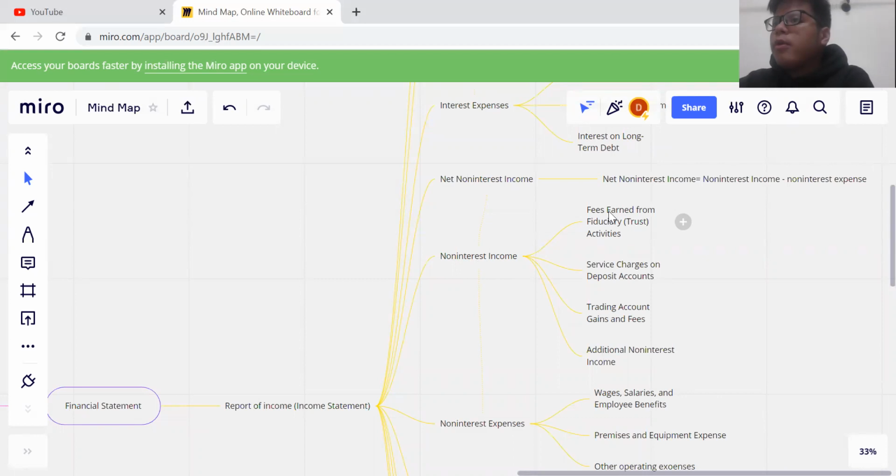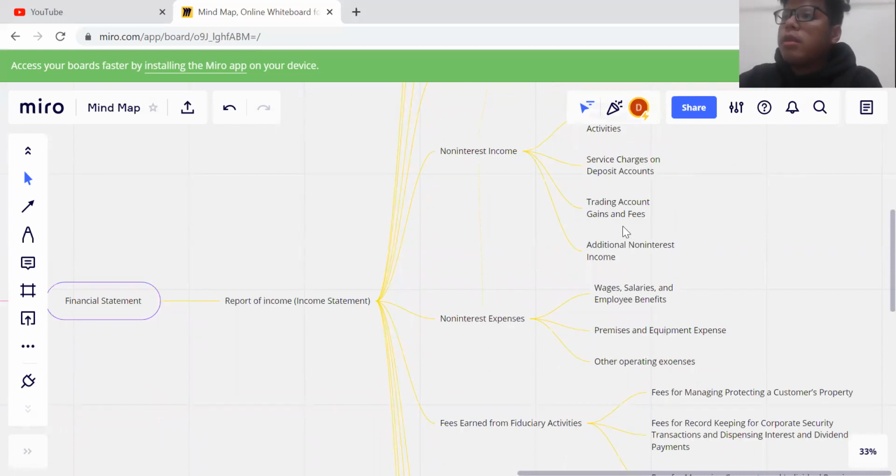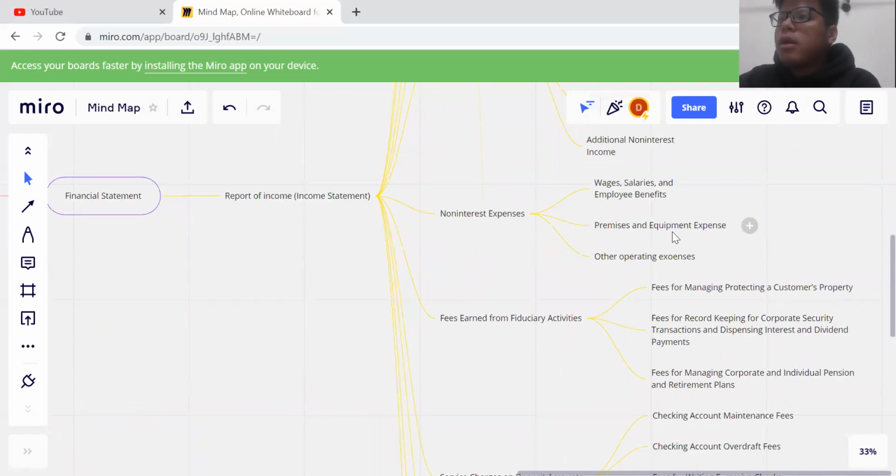In non-interest income, we have the fees earned from fiduciary trust activities, service charges on deposit accounts, trading account gains and fees, and additional non-interest income. In non-interest expense, we have wages, salaries, and employee benefits, premises and equipment expense, and other operating expense.